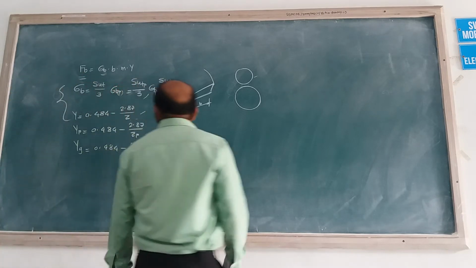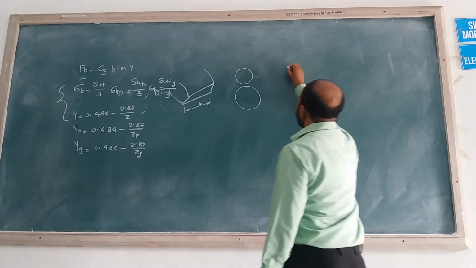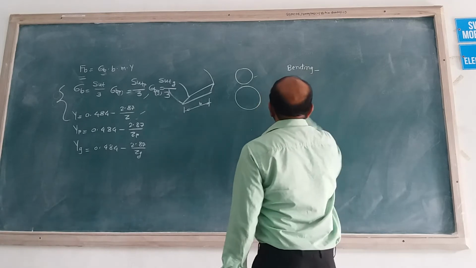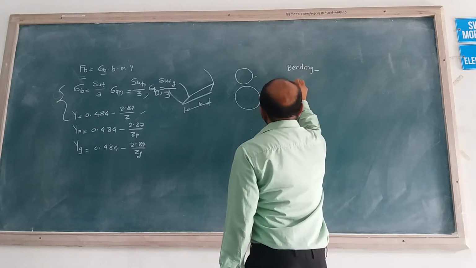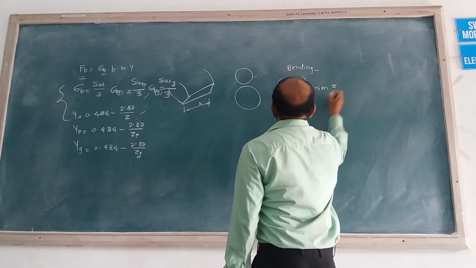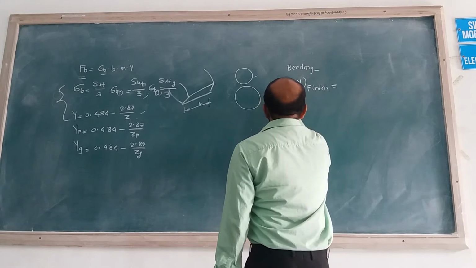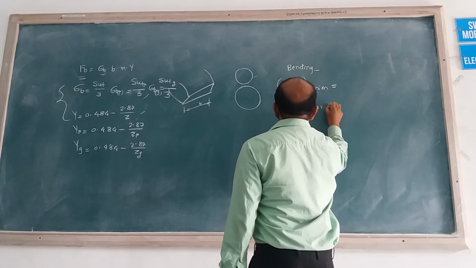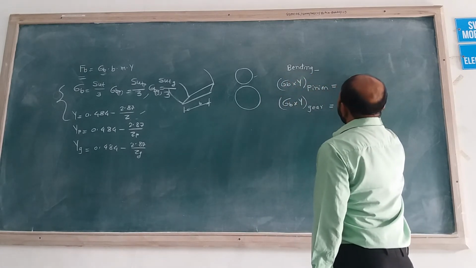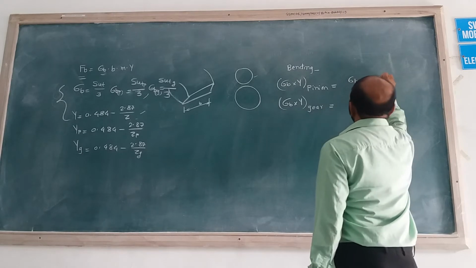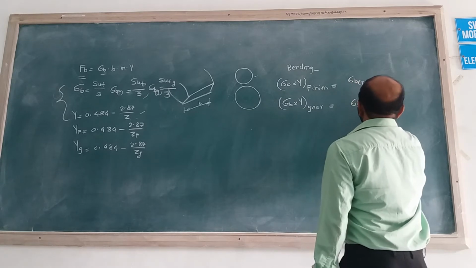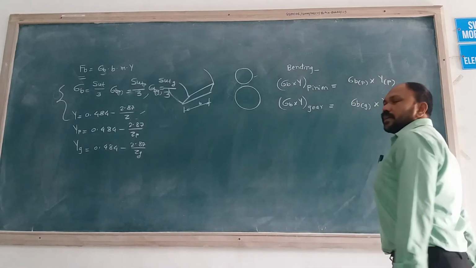Now for deciding which is weaker in case of bending, we find out sigma b into Y for pinion and sigma b into Y for gear. So sigma b into Y for pinion means sigma b pinion into Lewis form factor for pinion, and sigma b gear into Lewis form factor for gear.